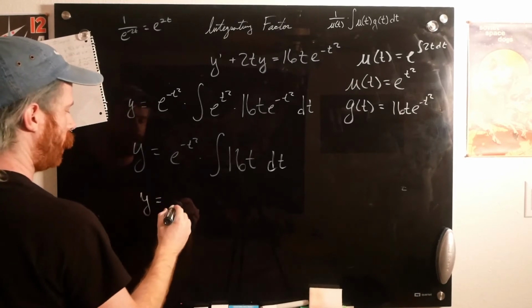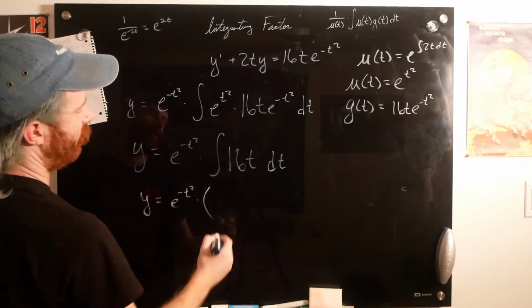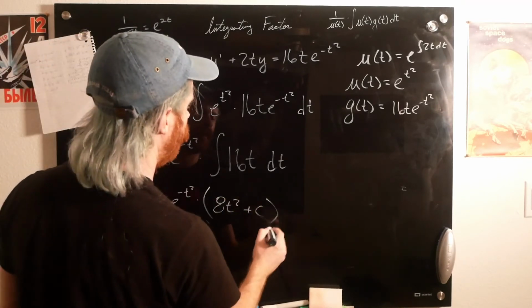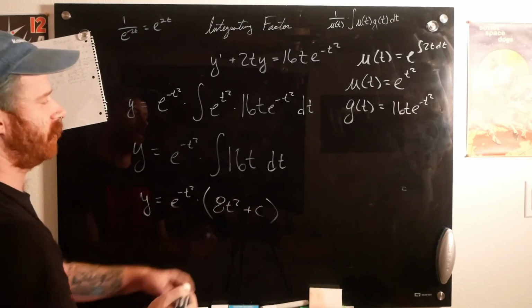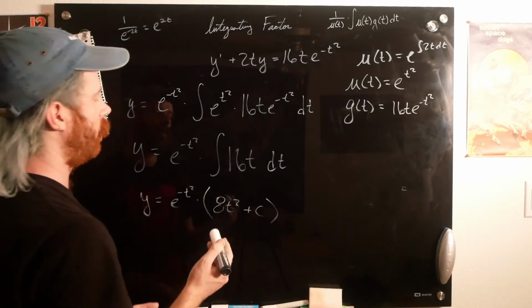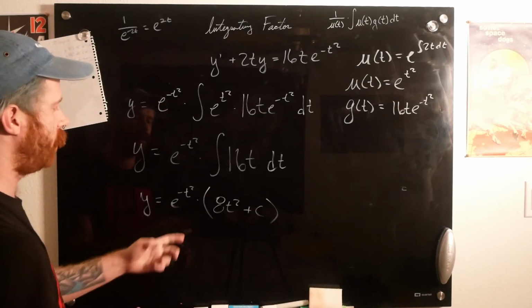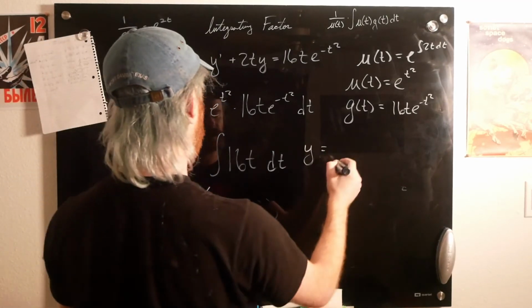So let's keep going. Y equals e to the negative t squared times, well, the integral of 16t is just 8t squared. And then we'll worry about the constant of integration, plus c. Take the derivative of this, 2 times 8, 16t. So we know we're good. Now, this is going to be close to your answer. Let's go ahead and distribute this e to the negative t squared.